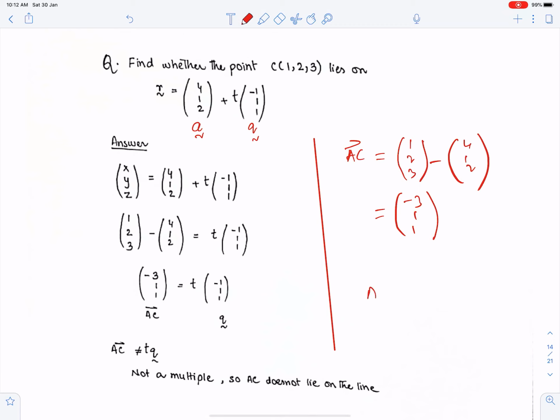If you compare this AC with the direction vector, you will see that these two vectors are not multiples.